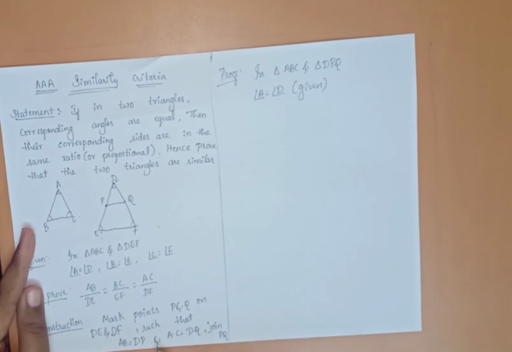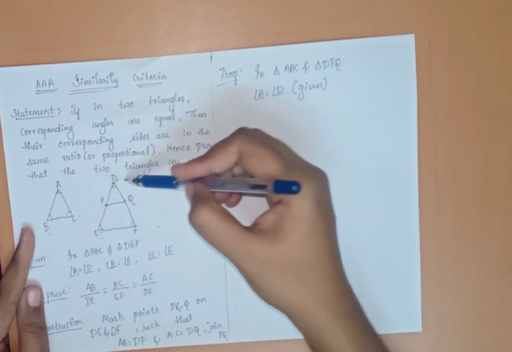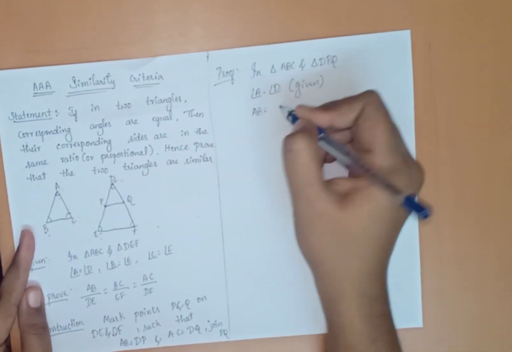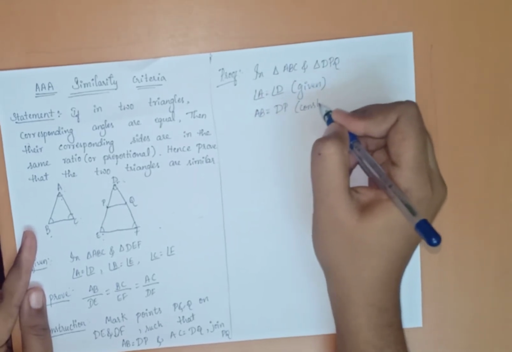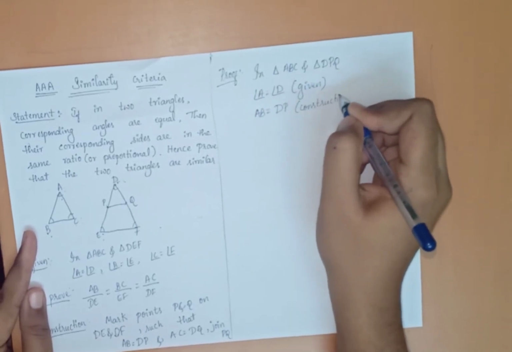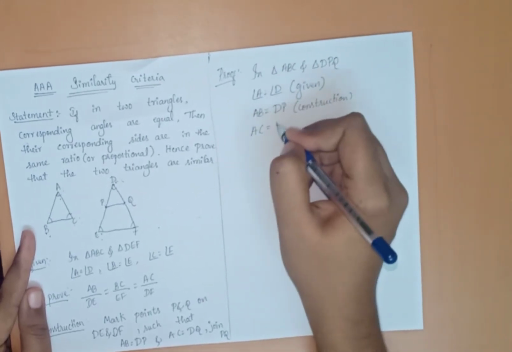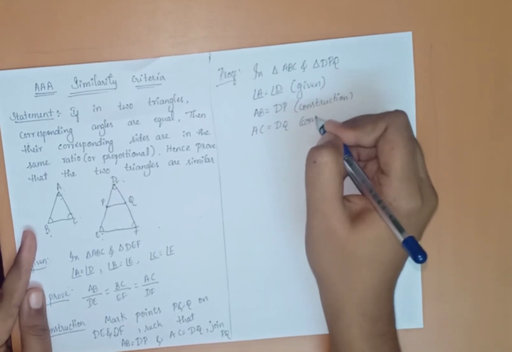And in the construction we proved AB is equal to DP, because of construction, and AC is equal to DQ, because of construction.